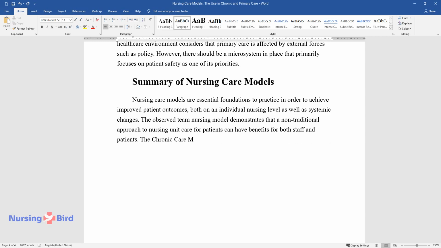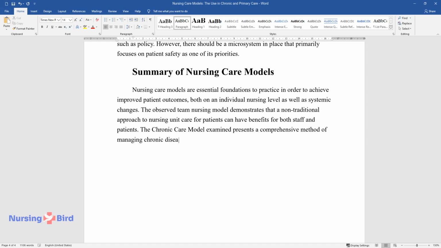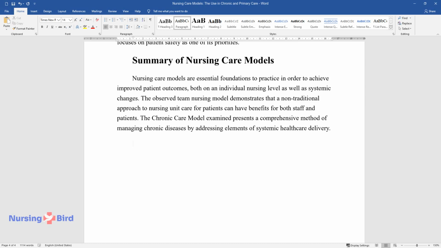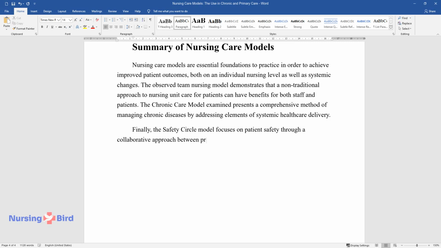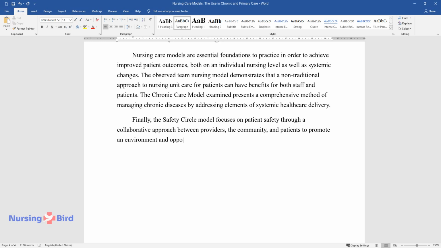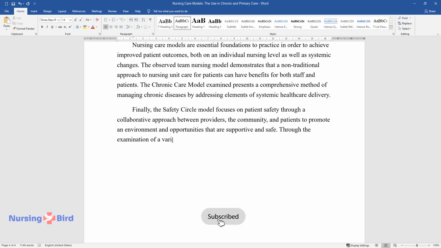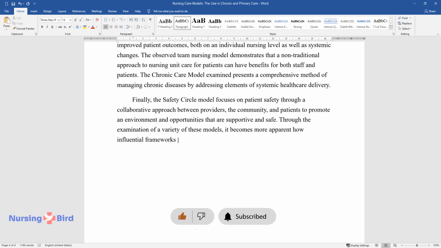The chronic care model examined presents a comprehensive method of managing chronic diseases by addressing elements of systemic healthcare delivery. Finally, the safety circle model focuses on patient safety through a collaborative approach between providers, the community, and patients to promote an environment and opportunities that are supportive and safe. Through the examination of a variety of these models, it becomes more apparent how influential frameworks are in developing day-to-day nursing practices and processes.